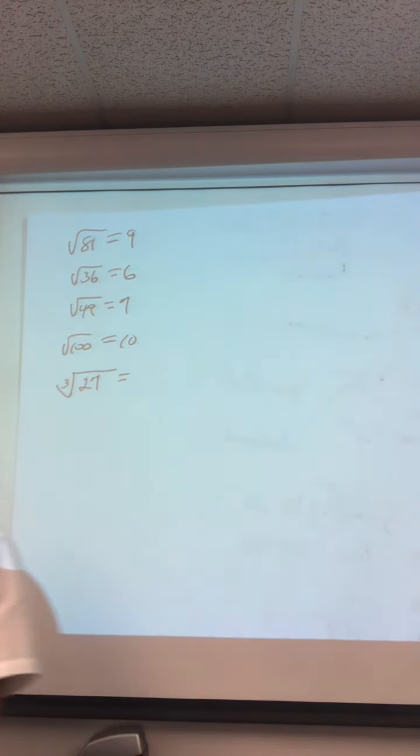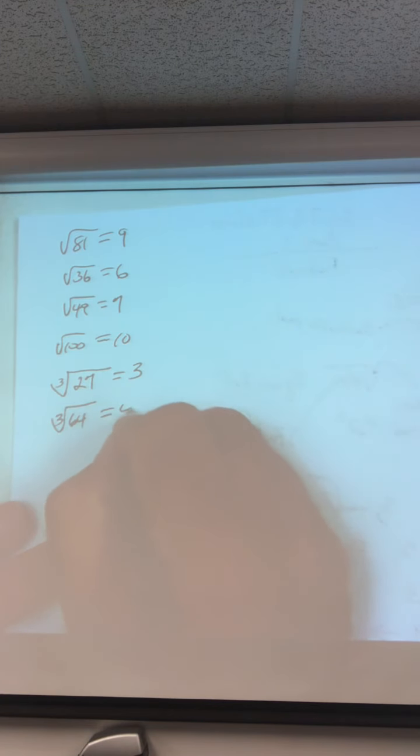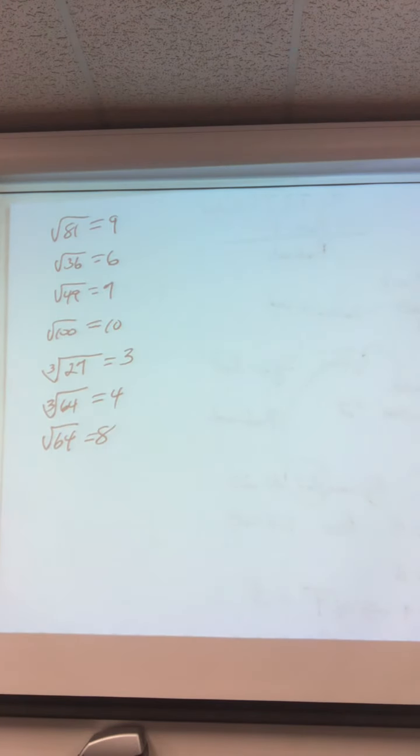Now, cube root of 27 means what times itself 3 times would give you 27. Or what is the cube root of 64? That's 4. But what is the square root of 64? That is 8. So you see why that index is so important. If you leave that index off, it's understood to be 2. So anytime this index is anything other than 2, it must be written in there.